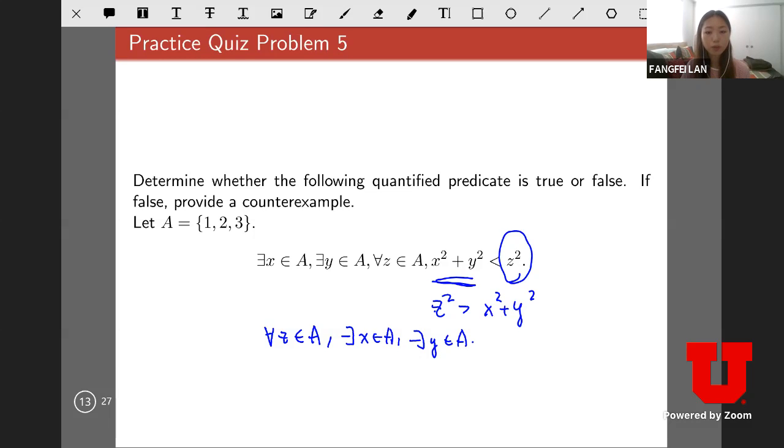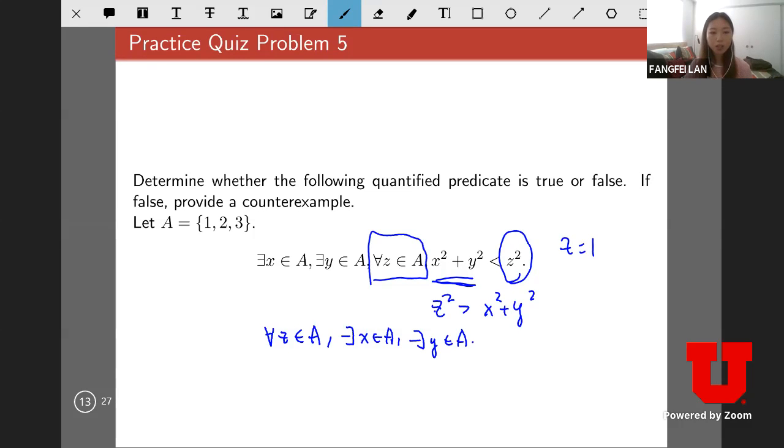If you can find one z that makes the statement false, the statement is false, right? Because it's for all z. If this statement became for all x, y, there exists z, blah, blah, blah, then you cannot choose one z because it just says there exists, right? So this statement specifically, he chose z is equal to 1 in the answer key because the statement here is for all z.